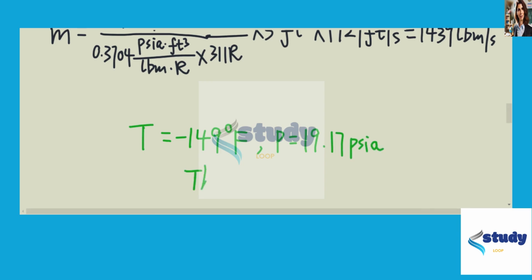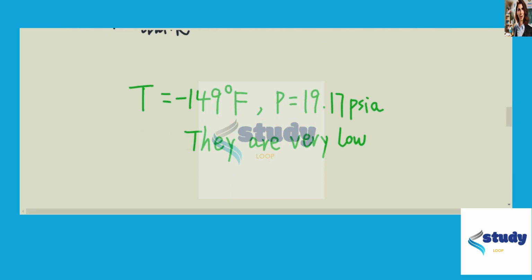So because they are very low, at this temperature and pressure, whatever water particles are available in the air are in the ice phase only. And that's why the air must be very dry for this application. And these are the answers for this question.